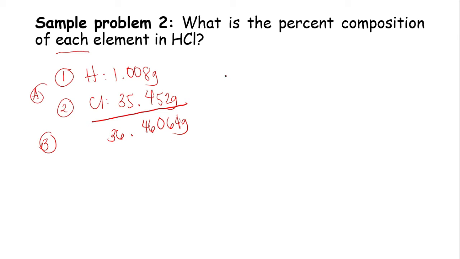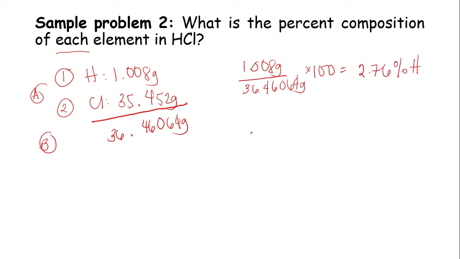So now follow the third and fourth step. Divide the mass of the component, hydrogen, 1.008 grams, over the total molecular mass of the compound, which is 36.46064 grams, times 100.